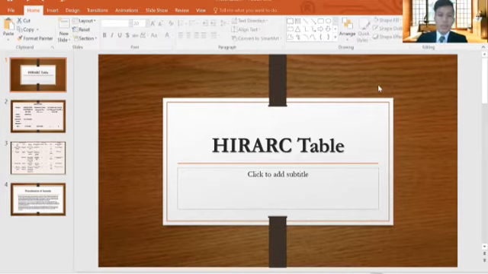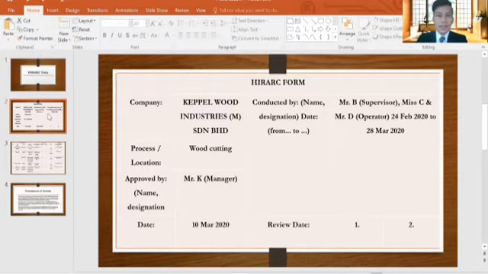So here, as you can see in my second slide, this is a rough view of most of the hierarchy forms being done by companies. So in a hierarchy form, there would be the name of the company stated here, the process or the work activity that is being conducted by the company, and the approval or the conductor of the hierarchy table would be stated here as well.